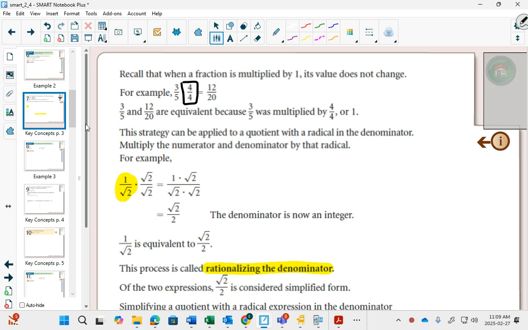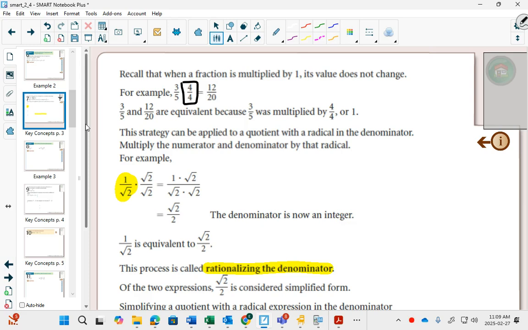Is that a new number? No, 14 over 2 is still 7. Well, what if I took 7 and multiplied by 3 over 3? I get 21 over 3, which is still 7. So when we multiply by different versions of 1, we change what our fraction looks like, but we don't change its value.